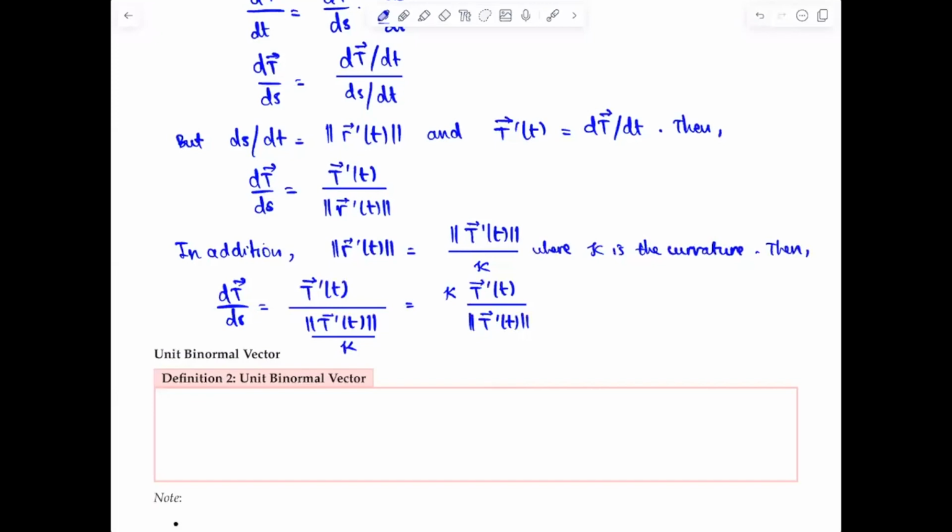Now for this fraction right here, T prime of t over the magnitude of T prime of t, what is that equal to? There you go, the unit normal vector. So therefore you have kappa times the unit normal vector. So that is the derivation.